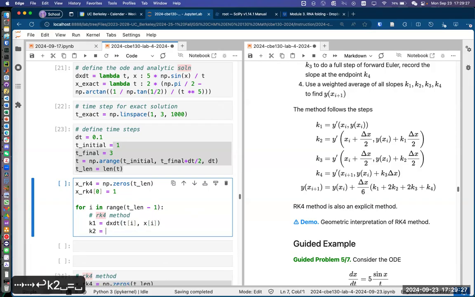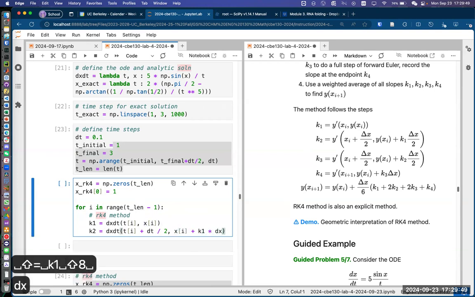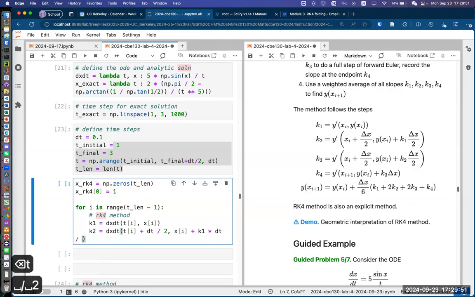And then K2 is equal to dx/dt, evaluated at t plus a half step size, so that is dt divided by 2. And I also evaluate at this part: x of i plus K1 multiplied by dt divided by 2.